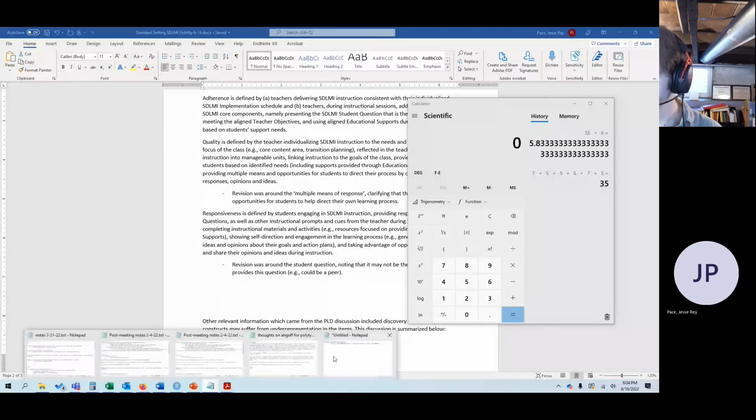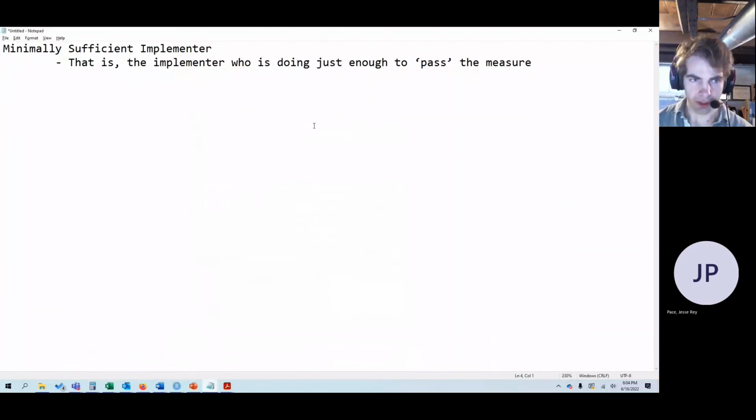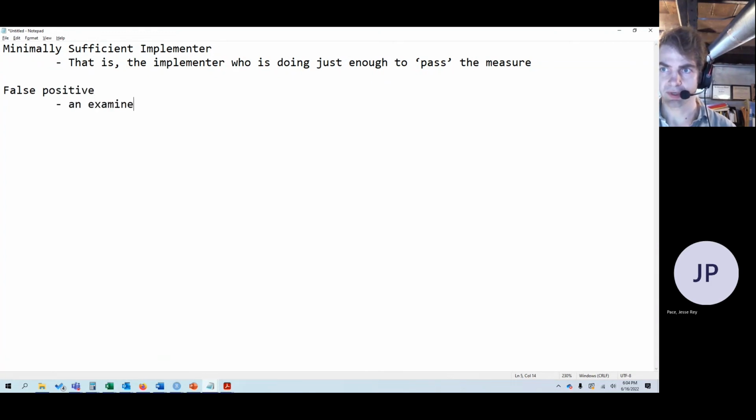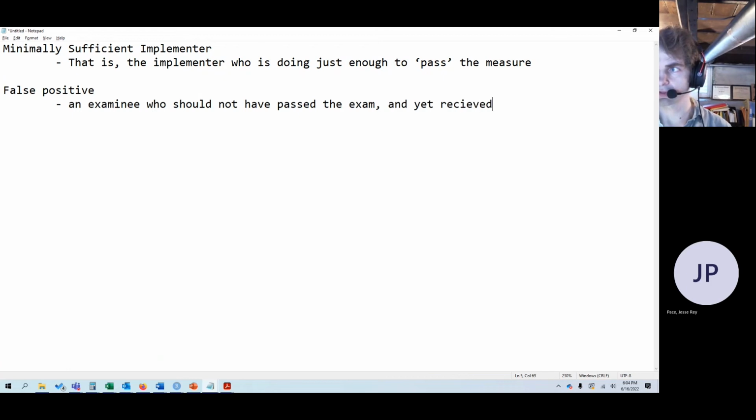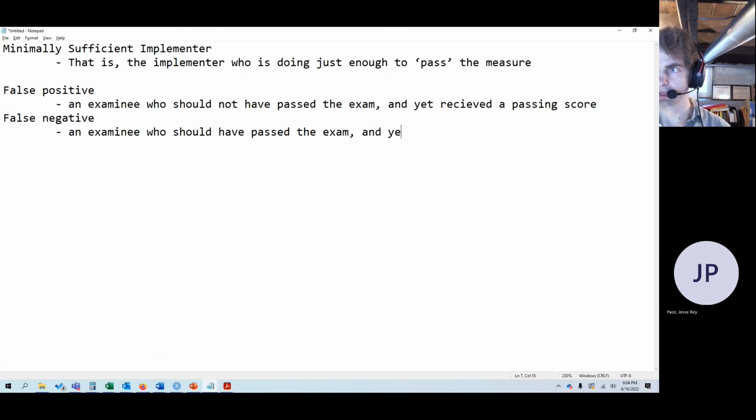So I think I can stop sharing this tablet screen now. I'll go ahead and type these out really quick and share my screen again. So false positive: an examinee who should not have passed the exam and yet received a passing score, and a false negative: an examinee who should have passed the exam and yet received a failing score.